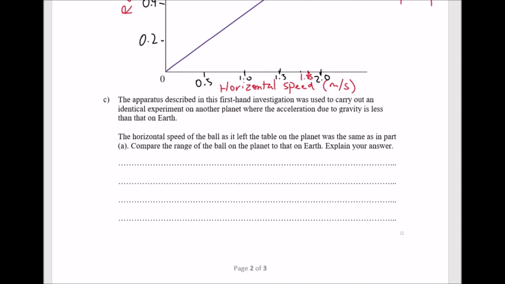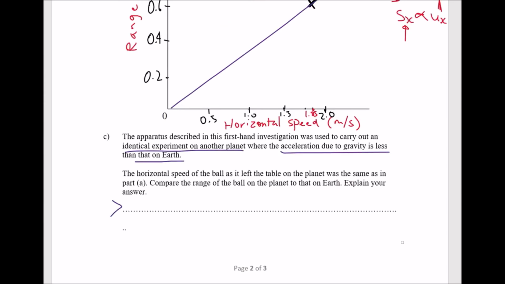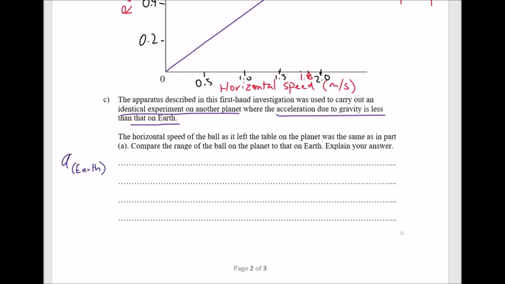Question C, it says the apparatus described in this first-hand investigation was used to carry out the identical experiment on another planet. Acceleration due to gravity is less than that on Earth. So, we have the acceleration from Earth, and that acceleration is bigger than the acceleration of this planet.